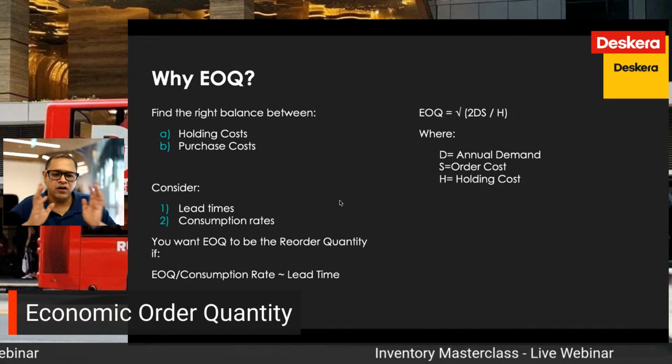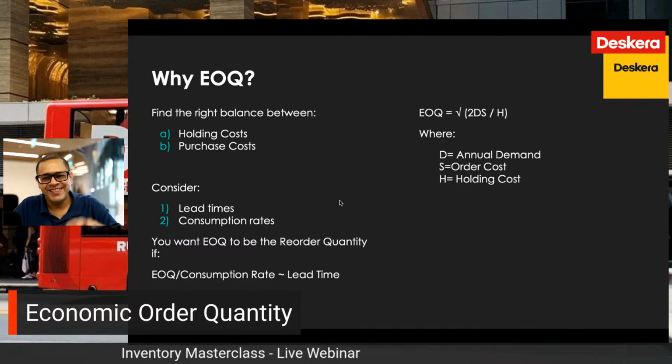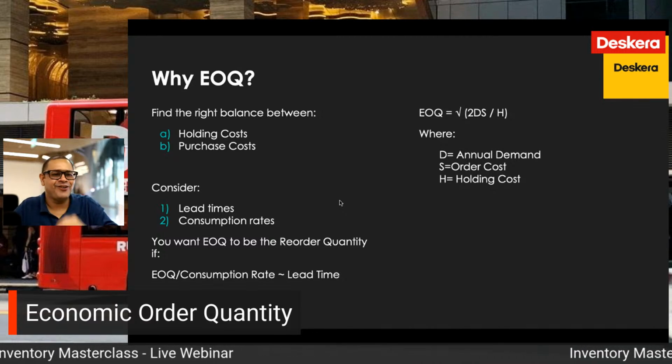And when you take all of this together and put it into this formula, then you get the economic order quantity.